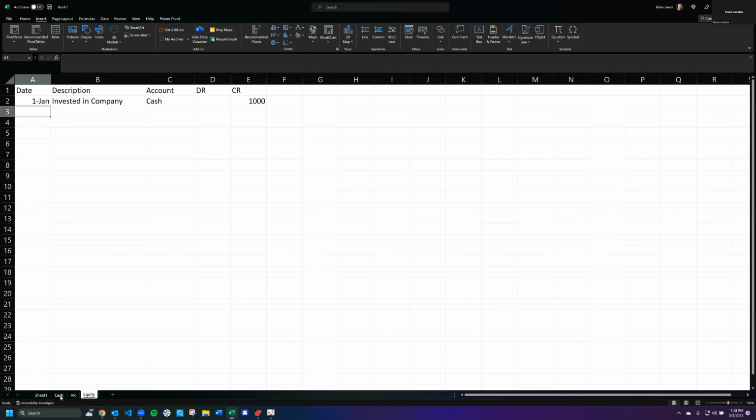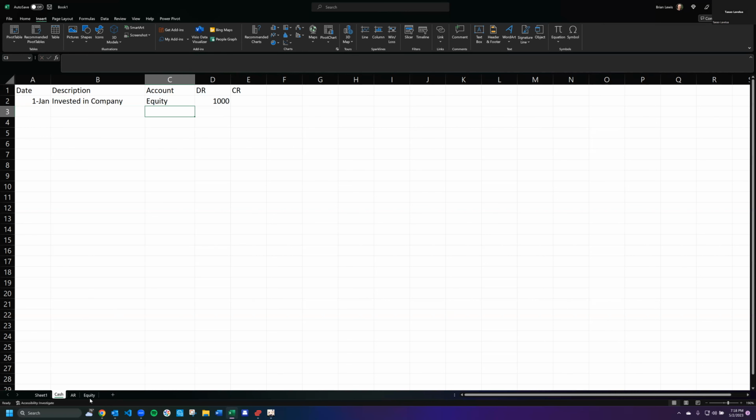Then I come over to the cash ledger and do the same thing: one, invested in company, from equity, 1,000. So now my ledgers balance.